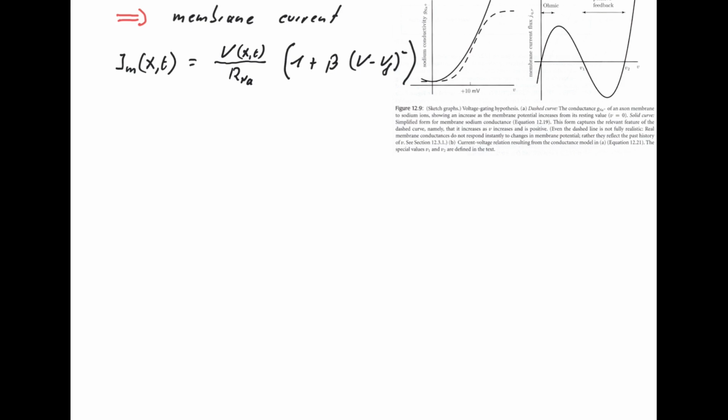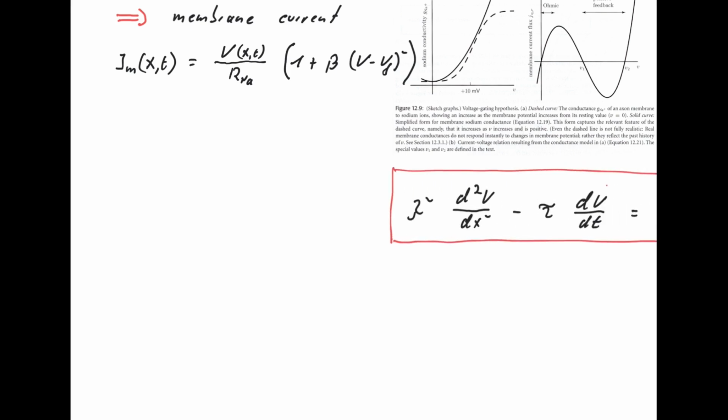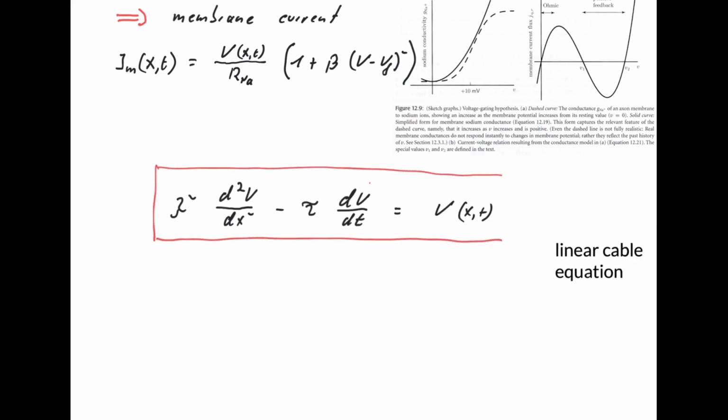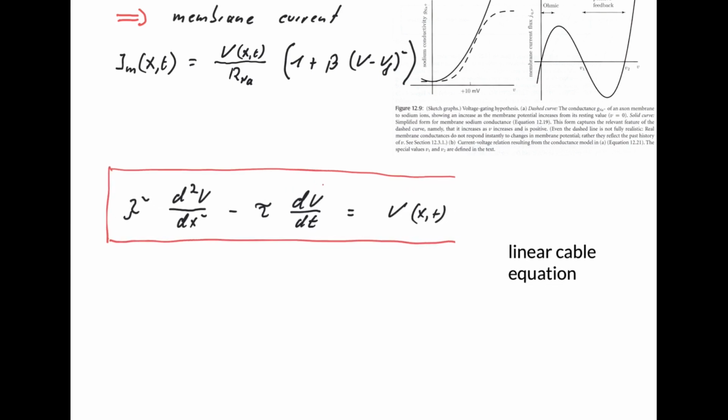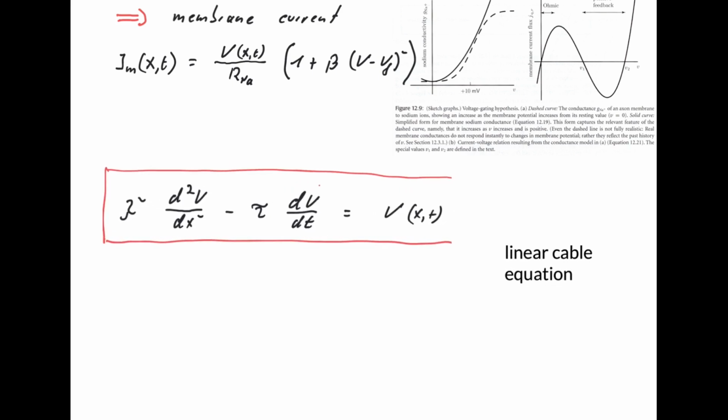There we found that we can describe this by a second order differential equation, where lambda squared times the second derivative of the voltage with respect to space minus tau times the first derivative of the voltage with time is equal to the voltage.